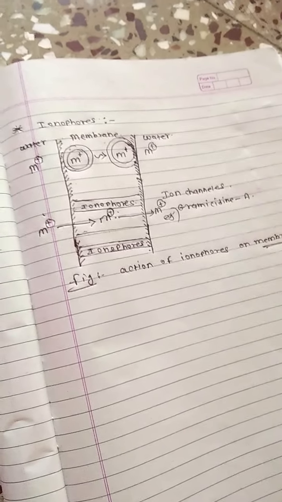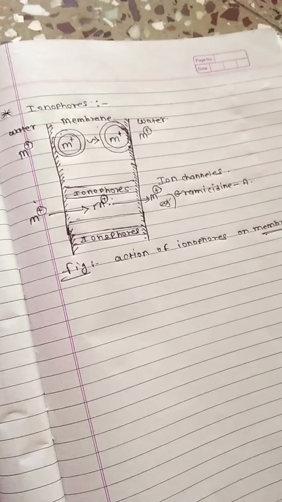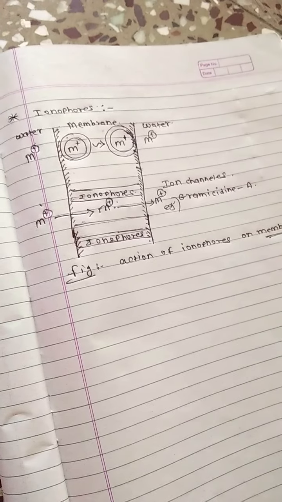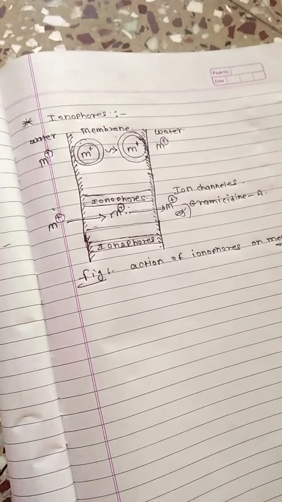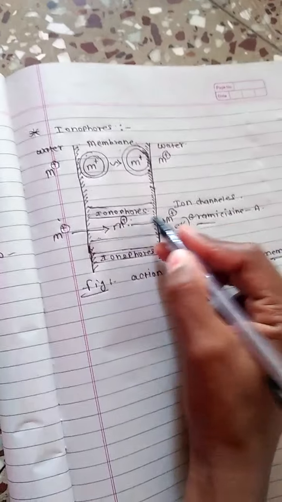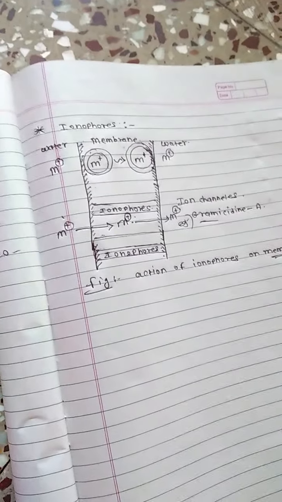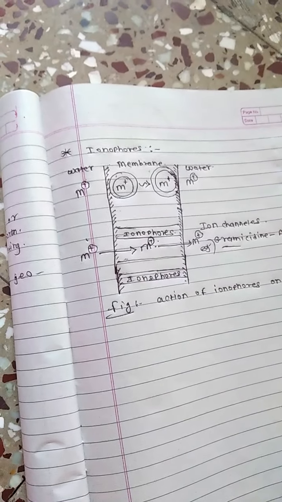For example, valinomycin and nonactin. These are known as ionophores. For example, gramicidin A. This is gramicidin A. This compound resembles, for example, crown ether.